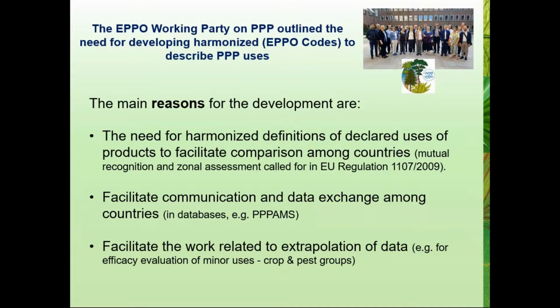A harmonized classification to describe PPP uses has also been recognized as an important activity to facilitate the work related to extrapolation of data. For example, for efficacy evaluation of minor uses, crop and also pest groups might be useful to facilitate this task.